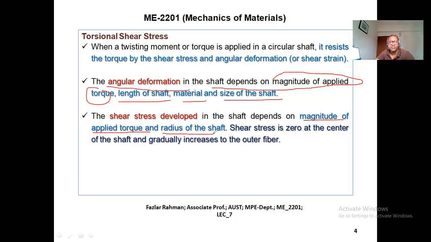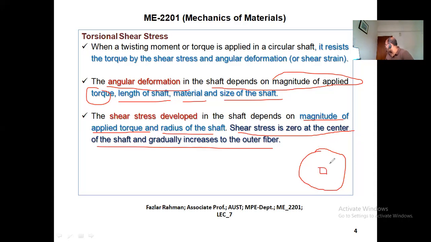One thing you need to remember: shear stress at the center of the shaft is 0, and it increases gradually from the center to the outside. At the center, shear stress will be 0. Then as you move from the center along this direction, your shear stress will increase.